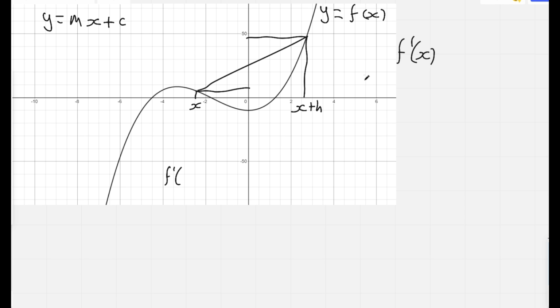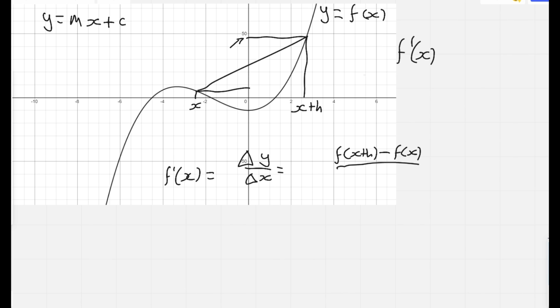Well, f prime of x is going to be equal to our change in y over change in x. Well, that's going to be f of x plus h, because that's our y coordinate here, minus the other y coordinate, which is going to be f of x. We don't know what the actual values are going to be.